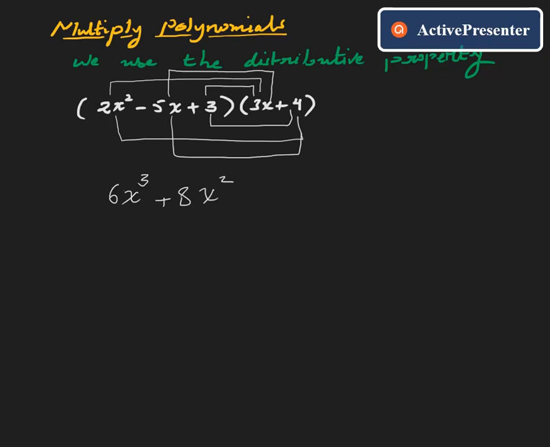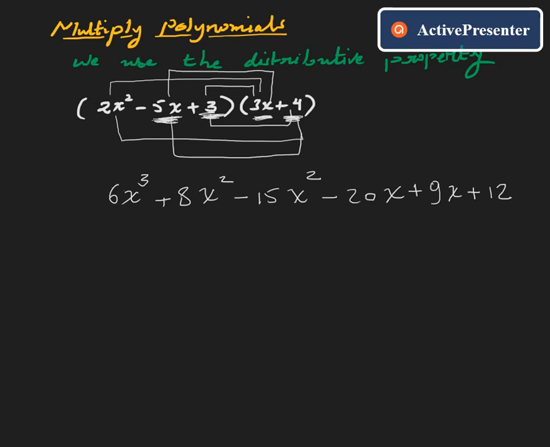Also, minus 5x multiplied in 3x is minus 15x squared, and minus 5x multiplied in 4 is minus 20x. 3 multiplied in 3x is 9x, and 3 multiplied in 4 is 12. So we performed that distributive property.